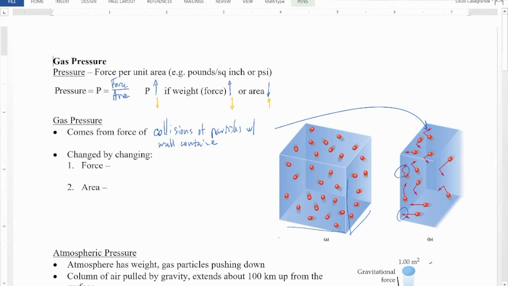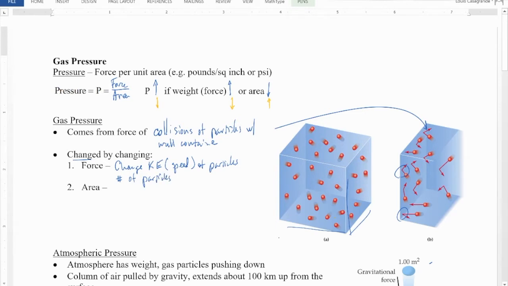We can change the pressure by changing the force, and the way you change the force is you change the kinetic energy. KE stands for kinetic energy, which is really the speed of the particles, and you can change the speed of each individual particle. You can also change the number of particles.